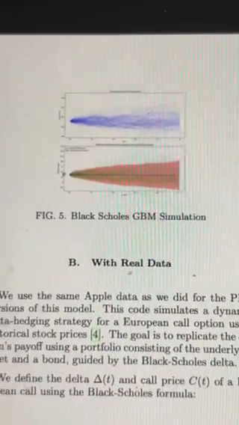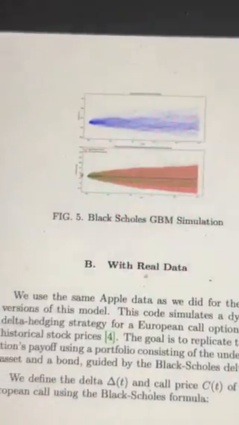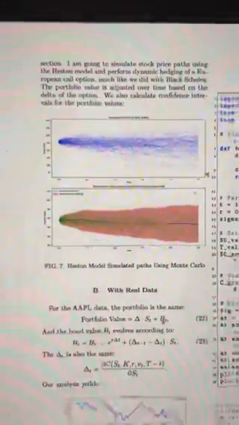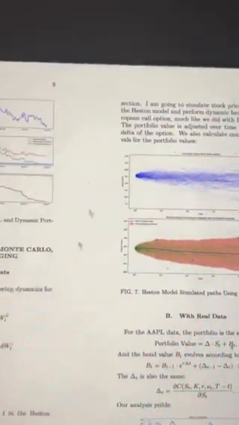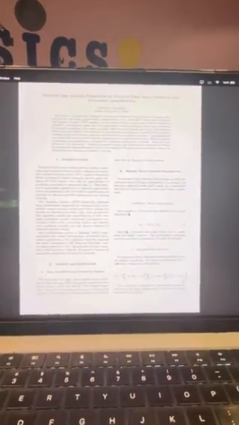So I took a bunch of stock data and simulated 1,000 paths according to a couple different models, a couple different stochastic differential equations. Like here's Black-Scholes, and here's the Heston model, which is like a model with variable volatility. So doing that, it gave me the motivation to try and combine the two with this kind of neural net.